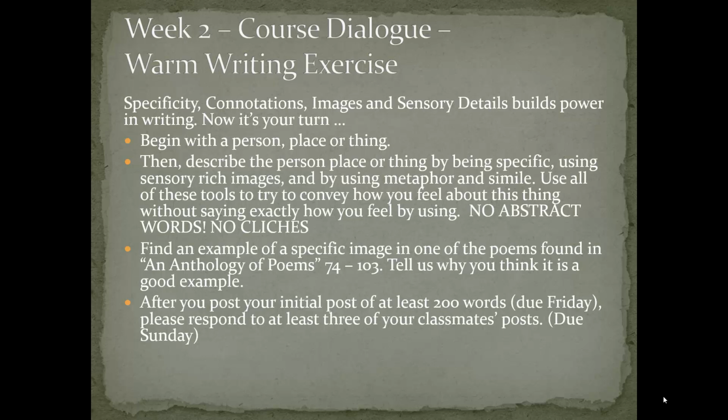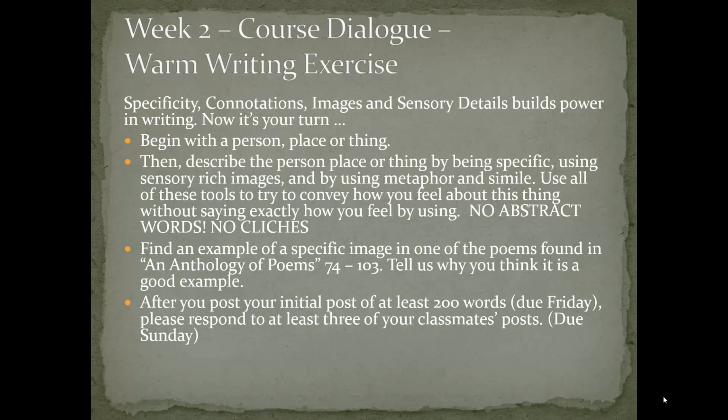So for your course dialogue this week, we're going to be doing two things. We're going to be writing, and then we're going to be looking for other people's writing and using our new language, tenor and vehicle, metaphor, simile, allusion, personification, to talk about other people's poems. So you're going to begin with a person, place, or thing, like I did with the tree.